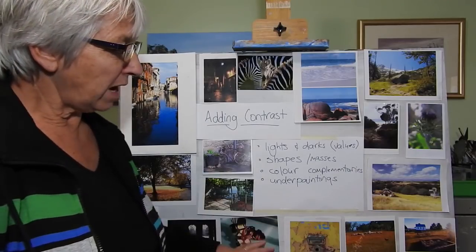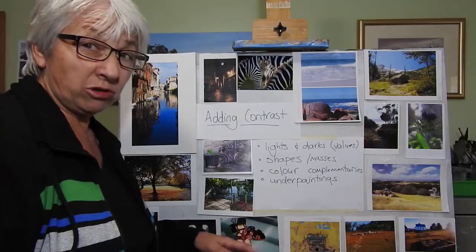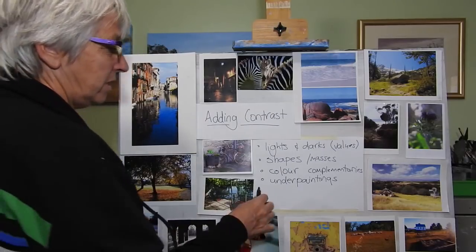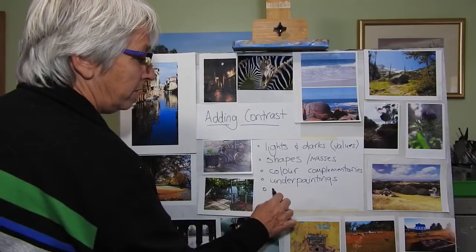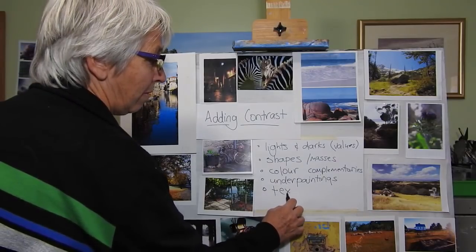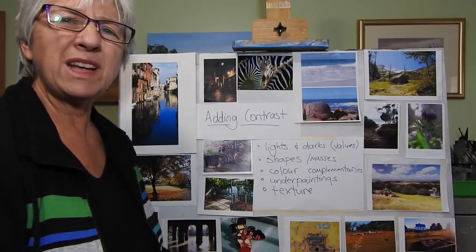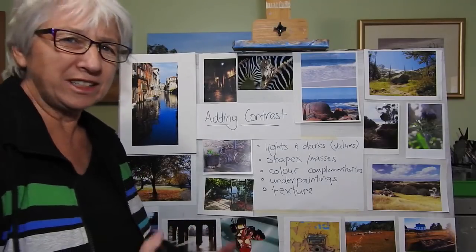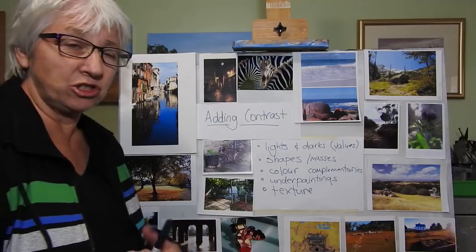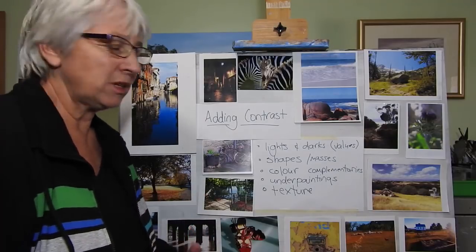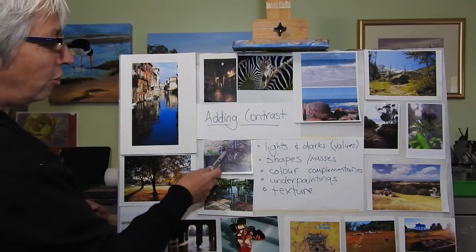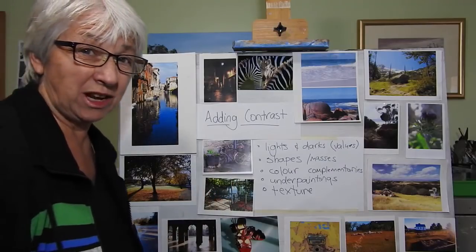One of the ways we could create some more contrast is by adding texture. So let's pop down texture here. And you're saying to yourself, pastels, texture, I don't understand that. Acrylics, yes, we can add the texture gel. How do we add texture with pastels? Well, what we're going to do is add in objects that have different textures within our painting.